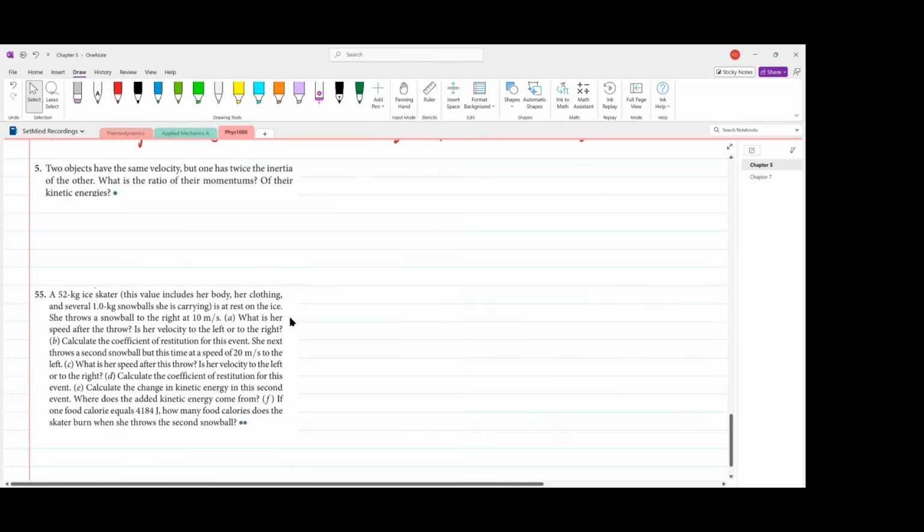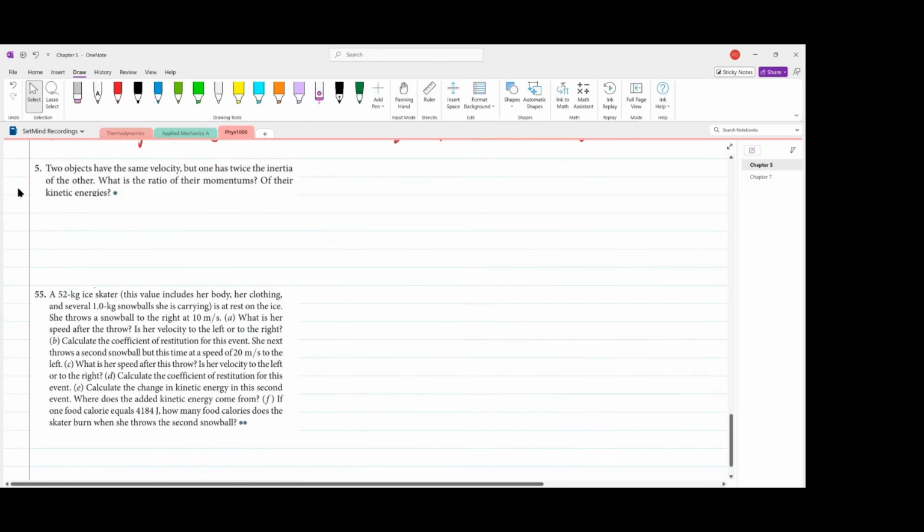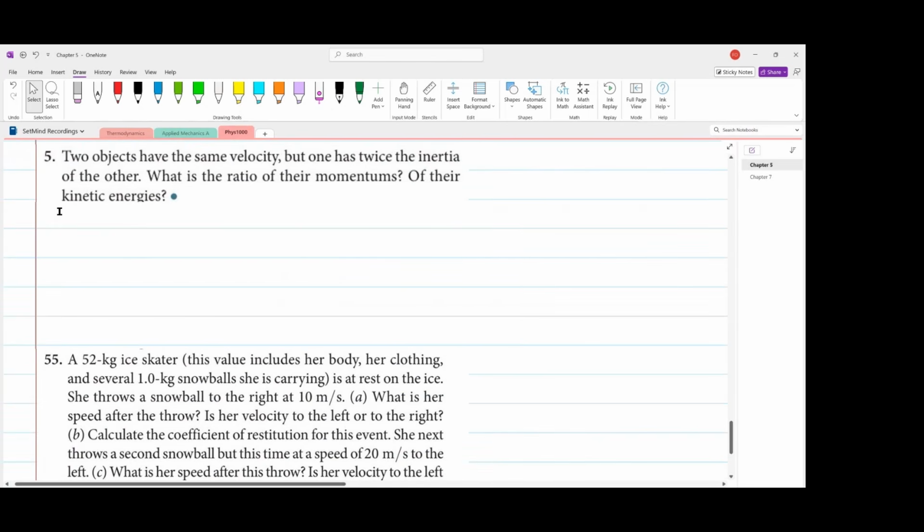We can look at question 5. So it says 2 objects which have the same velocity, right? But one of them has twice the inertia of the other one.